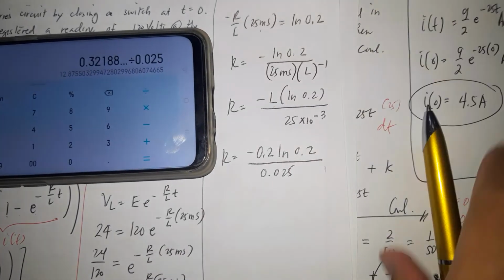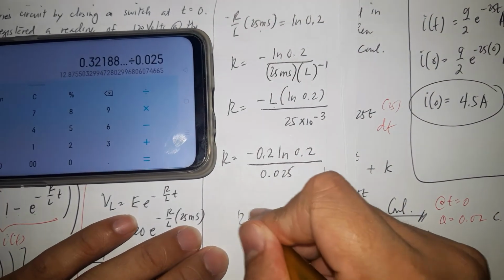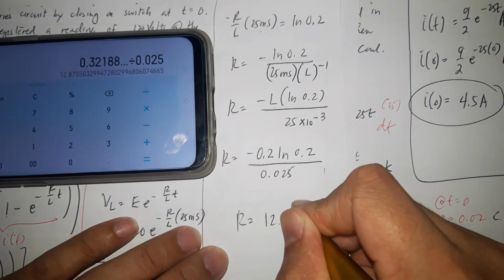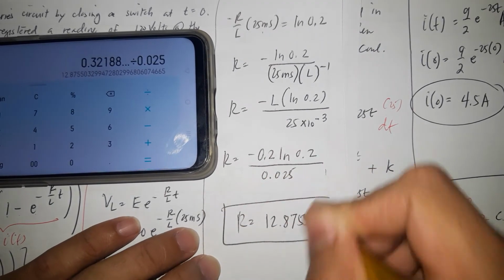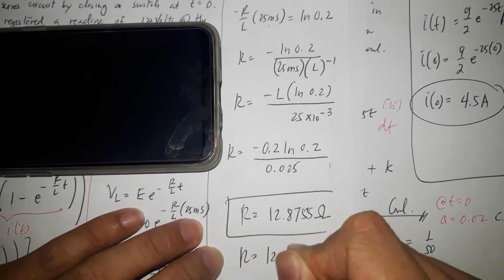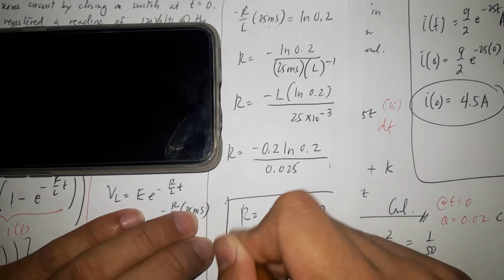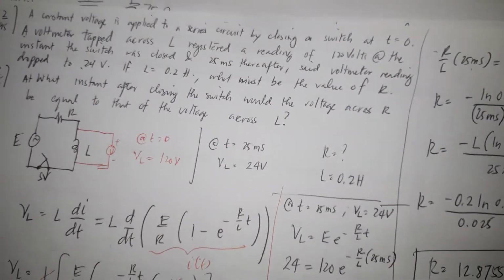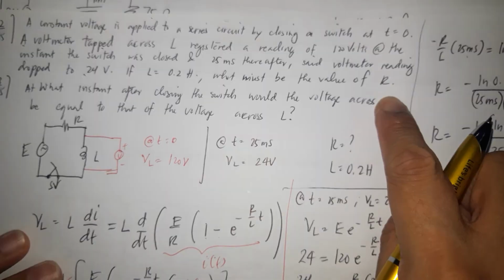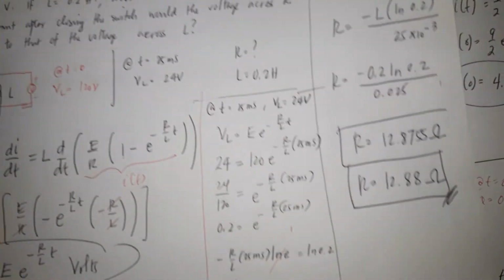So that gives you R equal to 12.8755 ohms, or R is 12.88 ohms. So that is the value of R, that's the answer there.